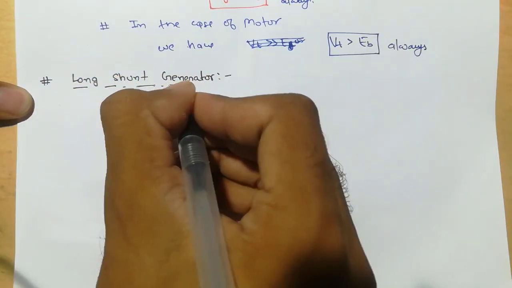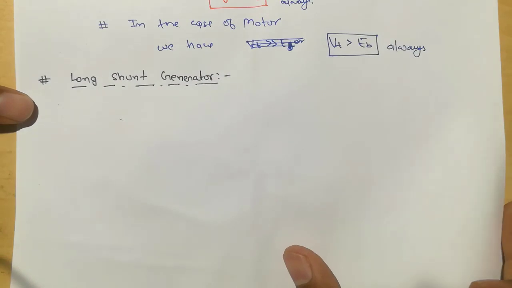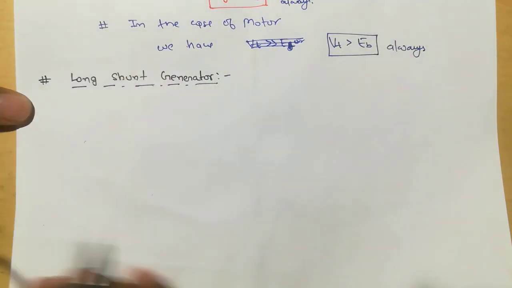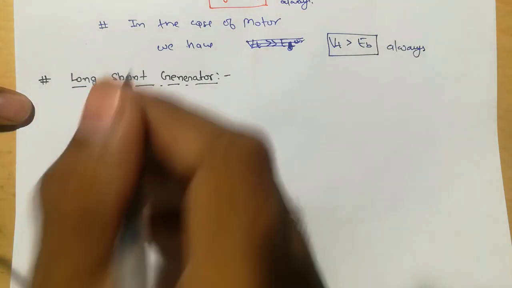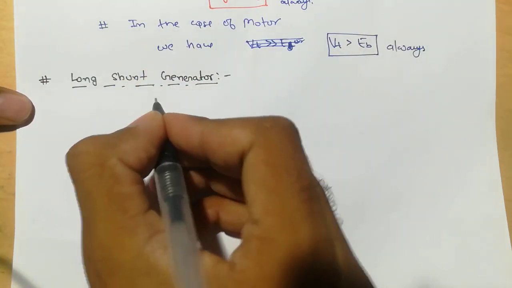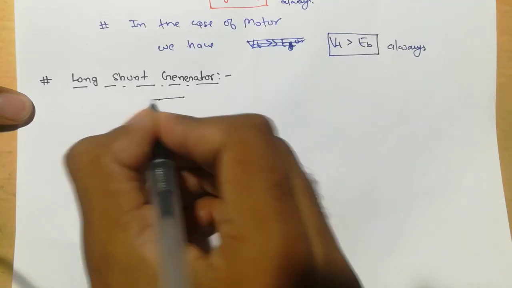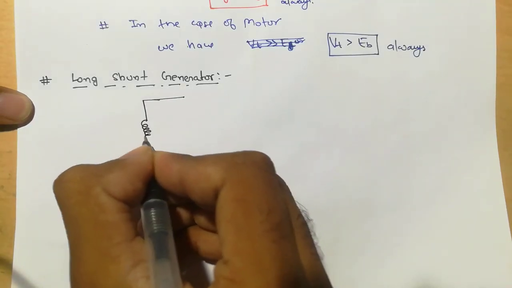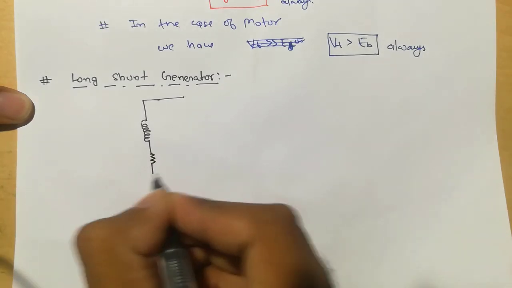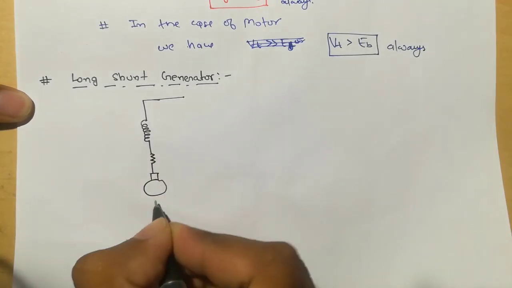Okay, no problem. Now first of all we will create a diagram for this long shunt generator. First we will draw a series DC machine like this. This is our series winding, which is connected with the armature in series.